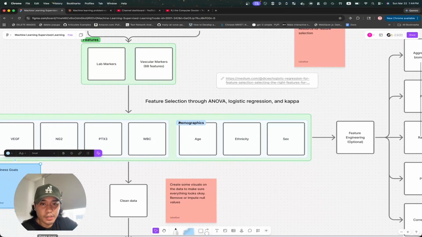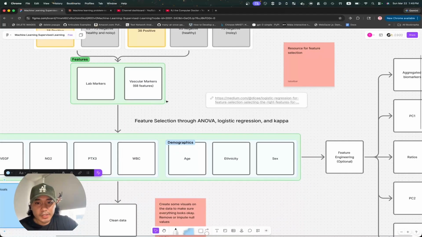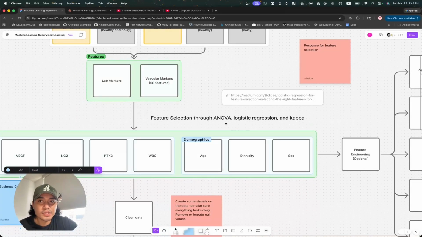So there are methods that you can use in order to filter down the features that you collected in here. So the first step would probably be to look at what are all the features that you think matter in this scenario. And then you can use things like ANOVA, logistic regression, and looking at a kappa score, which are all different methods that you can use for feature selection.